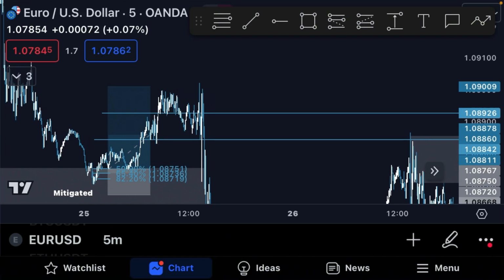So make sure you apply a very good risk management that can help you scale through for a long period of time. Remember, I showed you times that this strategy failed and times that this strategy actually got to a better profit.